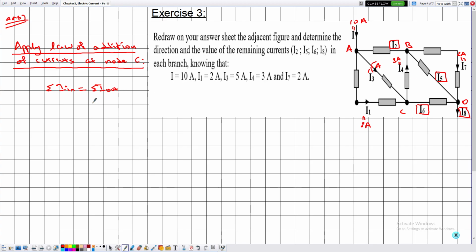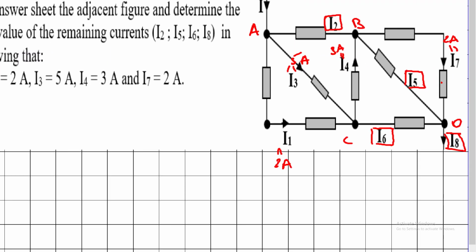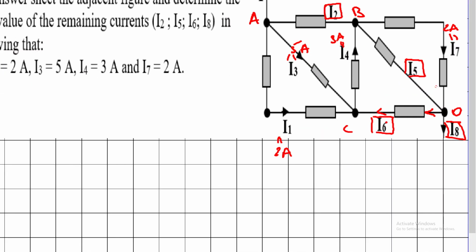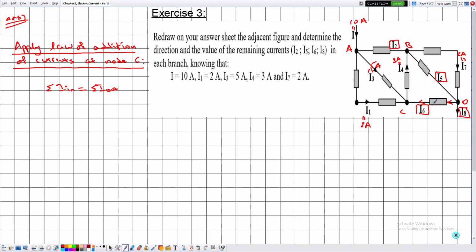Now before we start applying the law, notice that the direction of the current I6 is not specified. So we can take it as we wish. Suppose I will take it to be entering the node. So let's suppose that I6 is entering the node. Now if the value of I6 is positive, it means that my choice of this direction is correct. Otherwise we need to switch the direction.